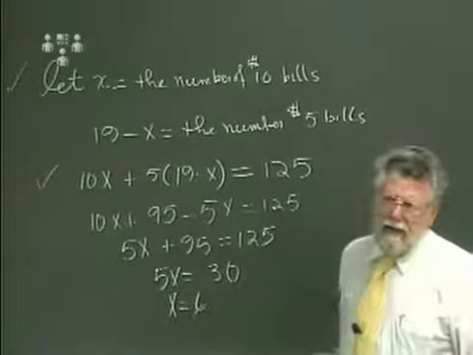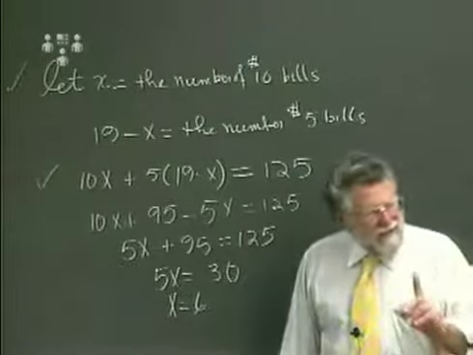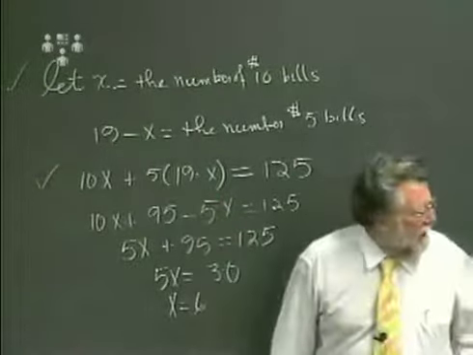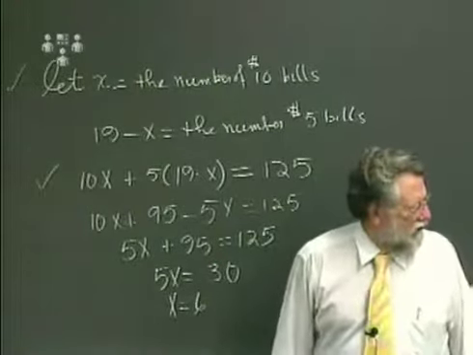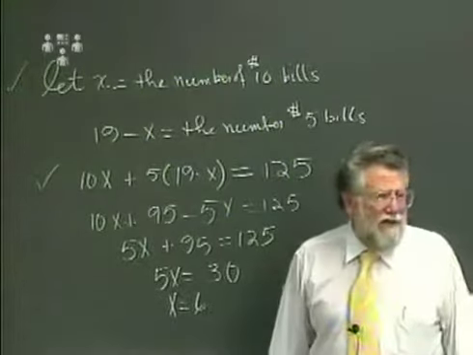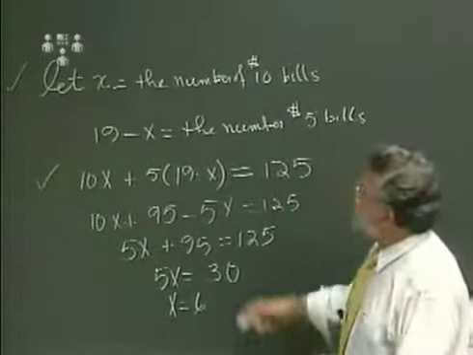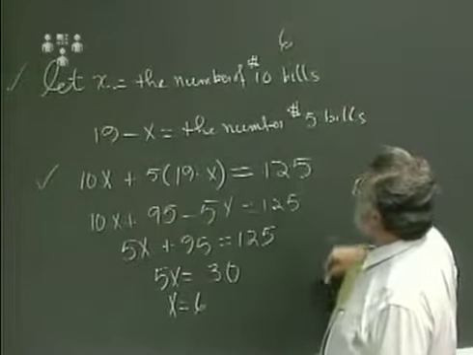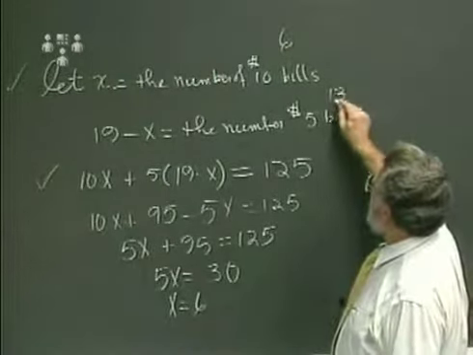Now, am I done at that point? No. Technically, no. This is a solution to the equation, but I would guess that you were supposed to tell me in this problem how many 5s and $10 bills do you have? So you have 6 tens, so I have 6 of these, and I'm going to have 13 of these.